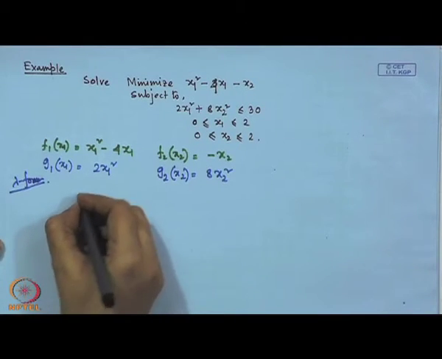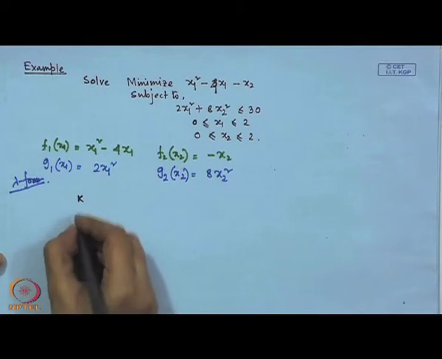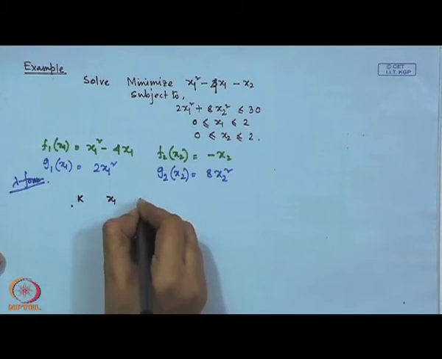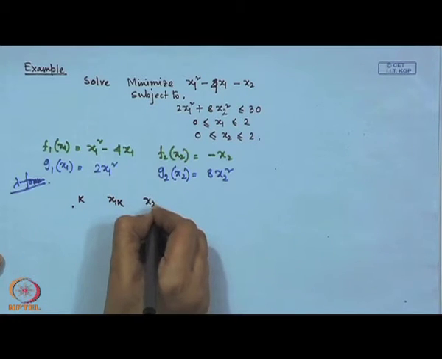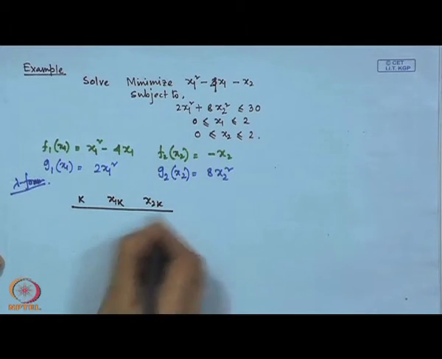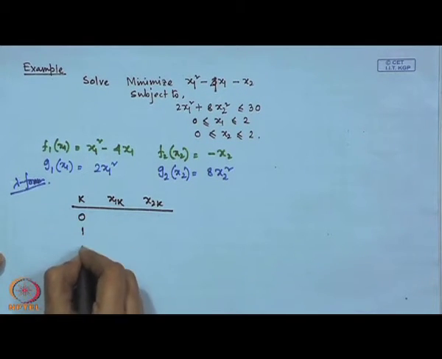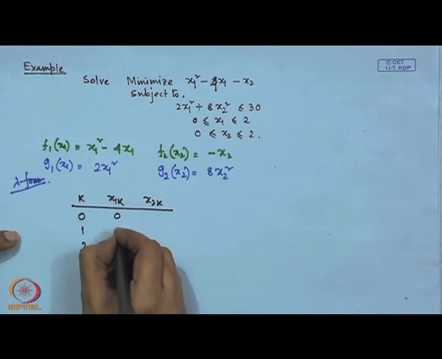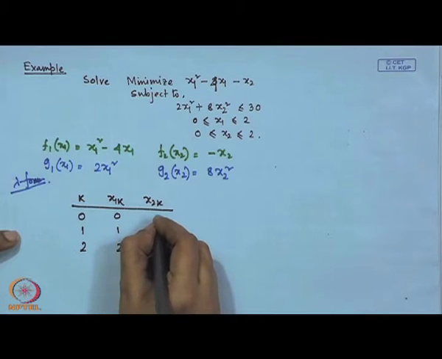Now, since I am doing it manually, let me consider the grid points x1k and x2k. First grid point is 0, second grid point is 1, third grid point is 2.